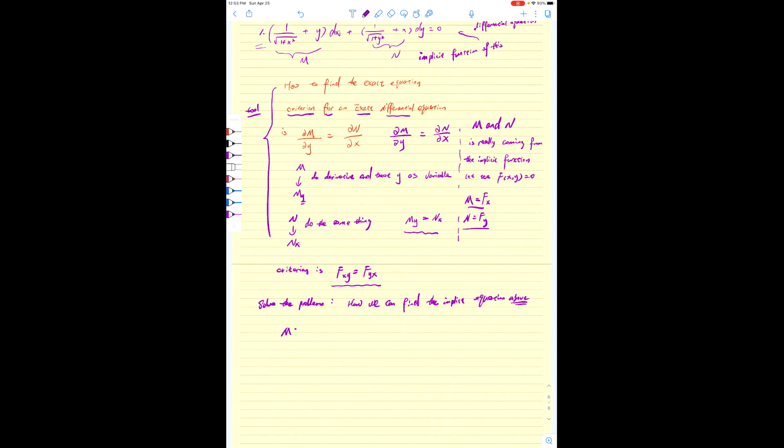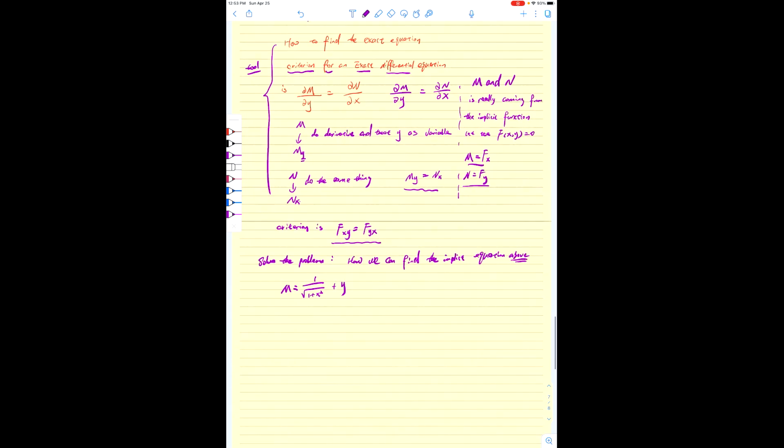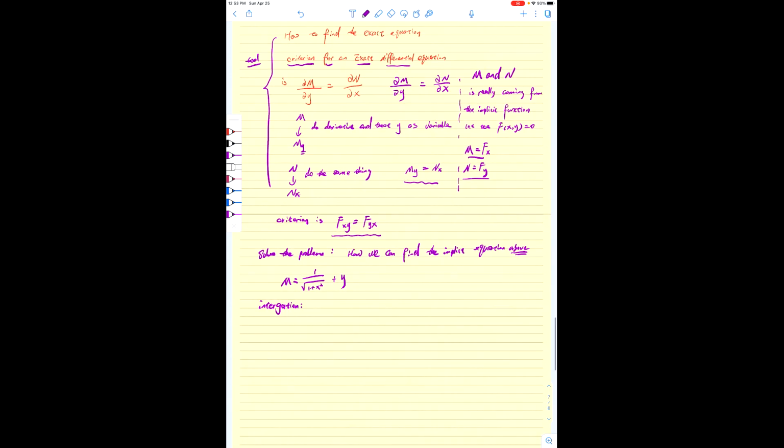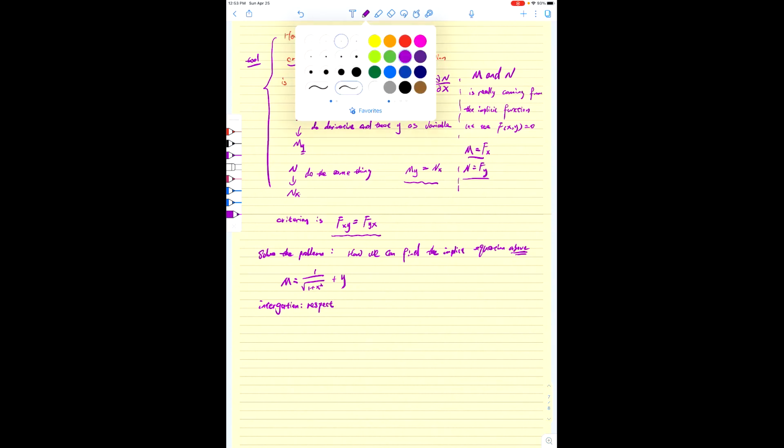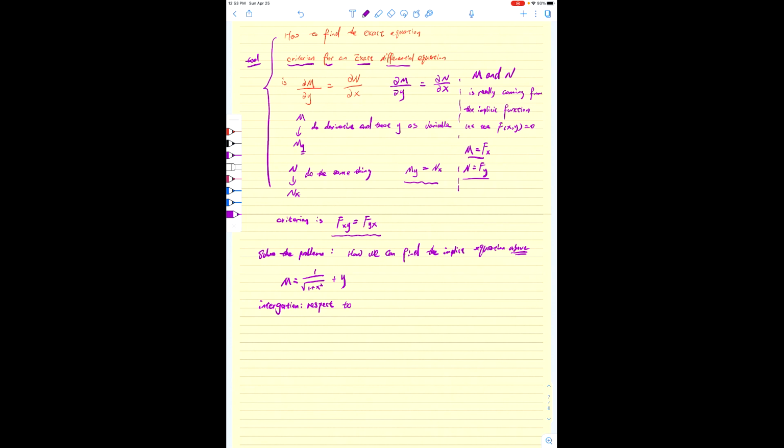Okay, so we have M equal to this. Then what if I do integration with respect to x to restore the implicit function?